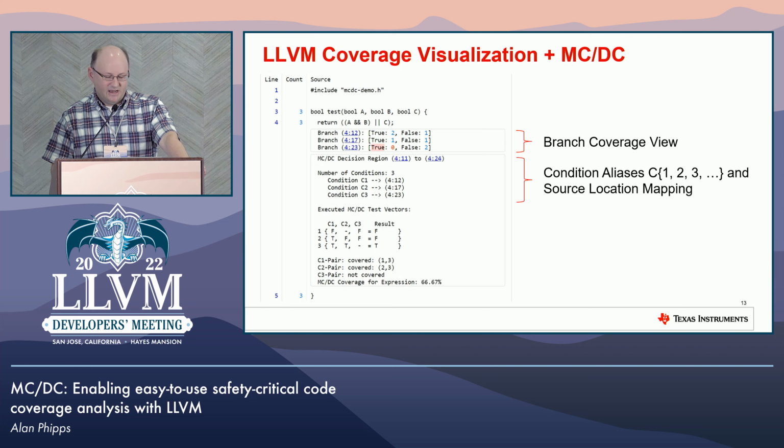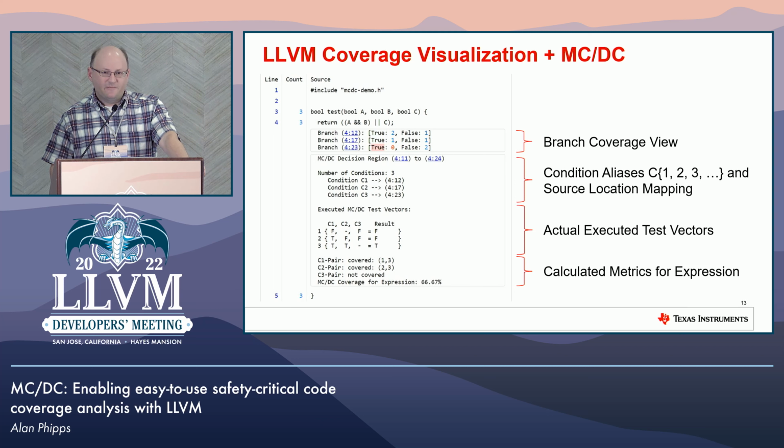So we'll call condition A C1, B C2, and C C3, just to make it a little easier. The MCDC analysis will also tell you the executed test vectors, and it'll tell you the overall metric.